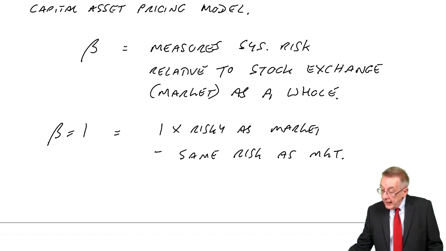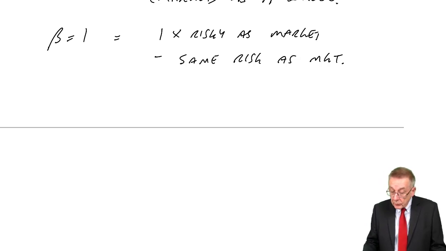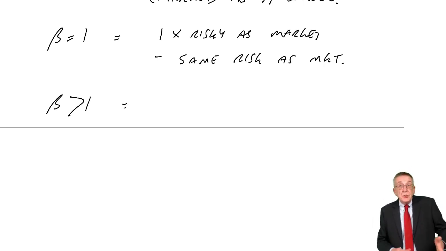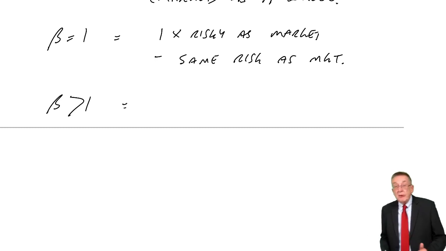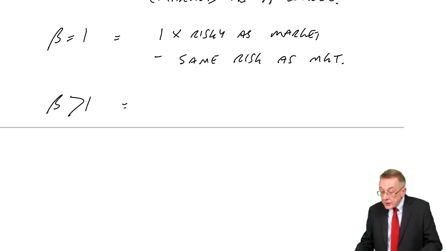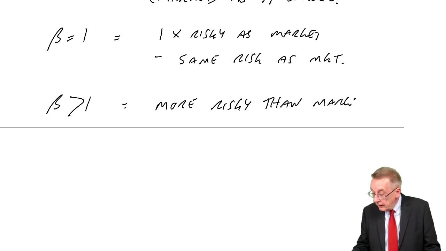On the other hand, if we find a share with a beta of more than 1, if it's got a beta of 2, it means it's 2 times as risky as the market as a whole. A beta of 3, it's 3 times as risky as the average of all the shares. So if it's more than 1, it's more risky than the market, the stock exchange as a whole.